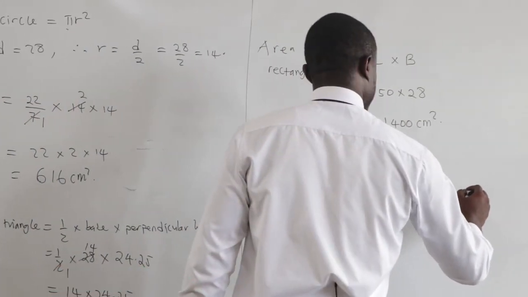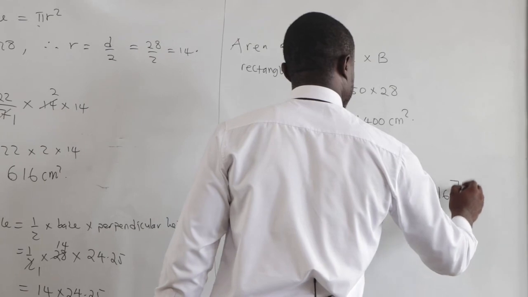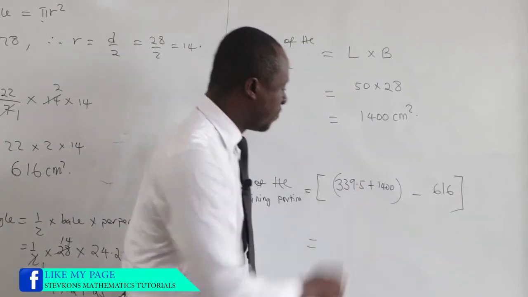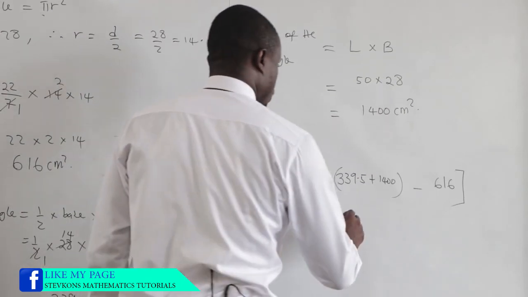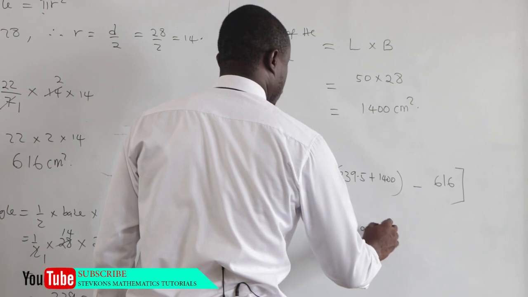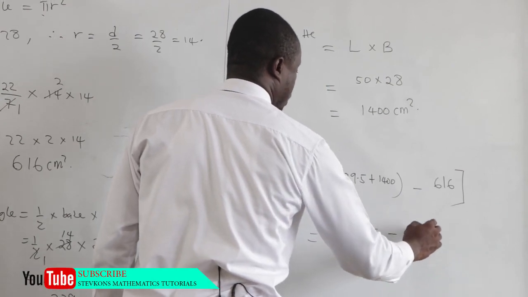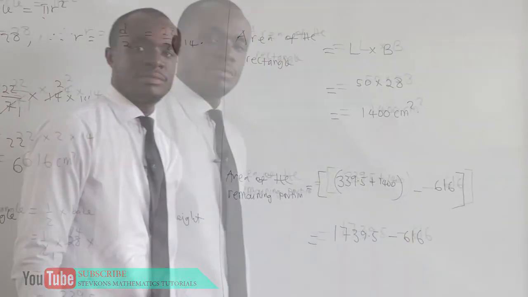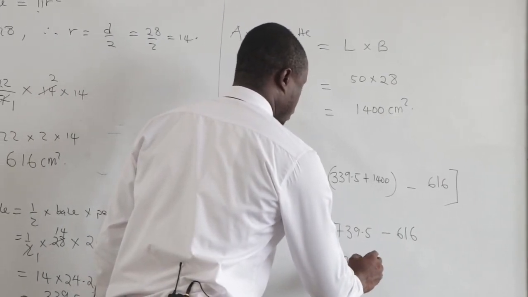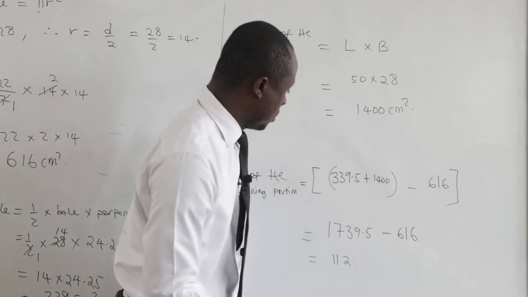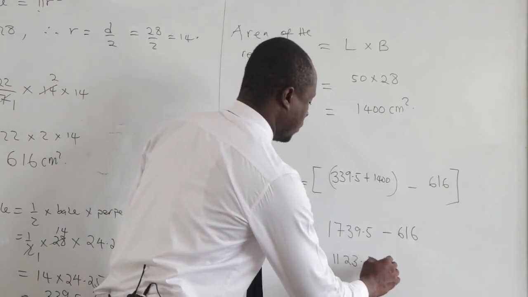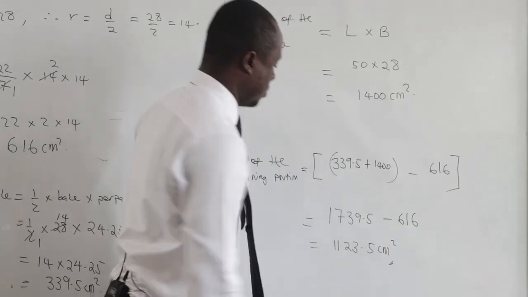The area of the circle is 616. Now, 339.5 plus 1,400 is 1,739.5, minus 616. And this will give us 1,123.5 centimeter squared.